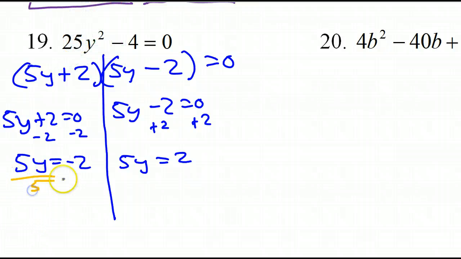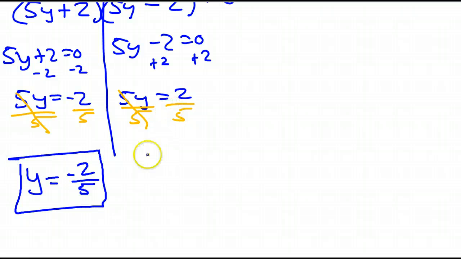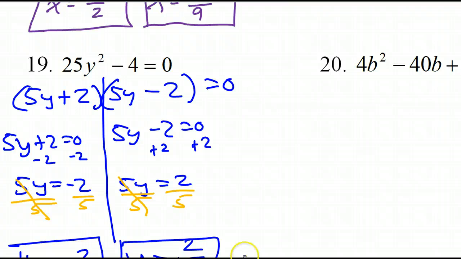So when I divide by 5 on both sides, that is going to give me y equals negative 2/5. And over here I have y is equal to positive 2/5. Okay, so that is the answer to number 19.